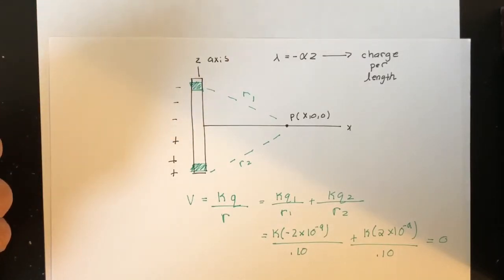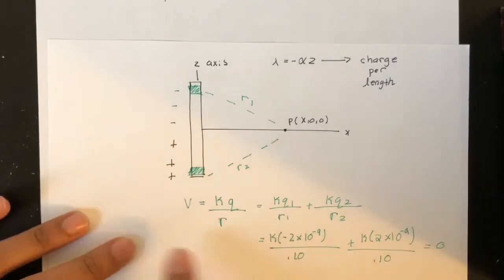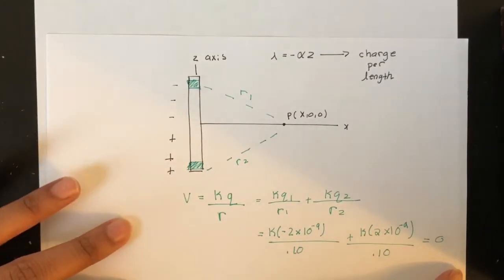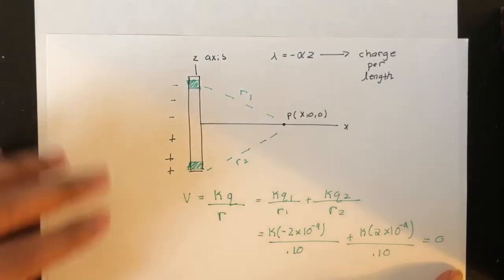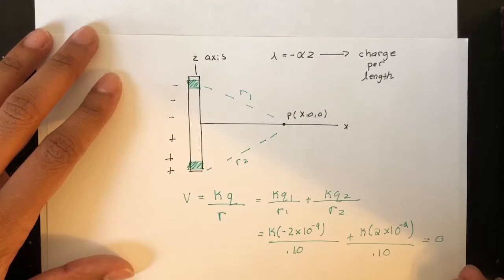And why we could say that potential is 0 in this case, but electric field is not 0, is because potential is a scalar quantity, so there's magnitude and no direction. But the electric field with this problem, there's direction.